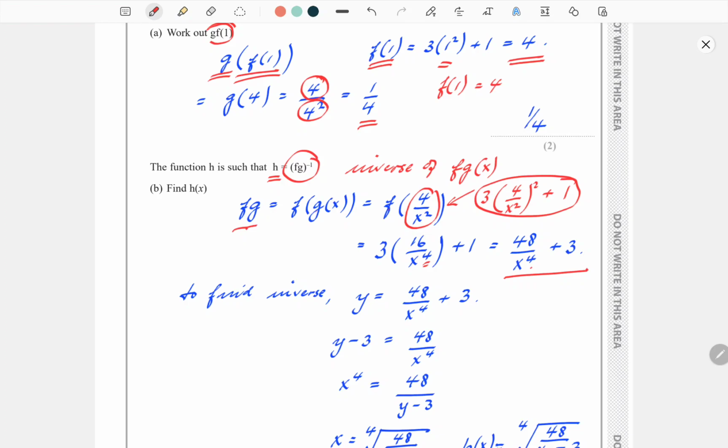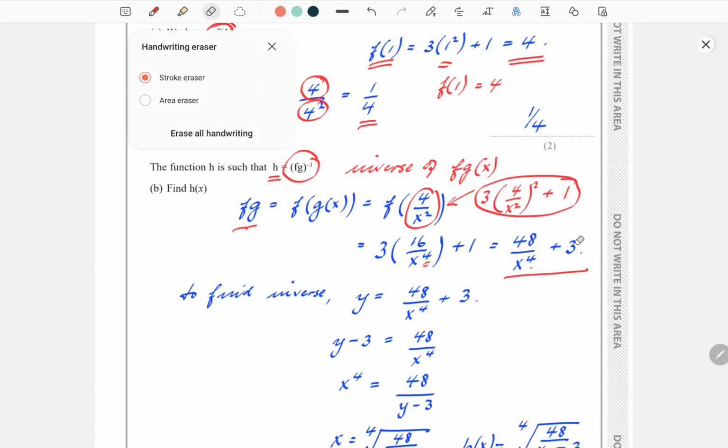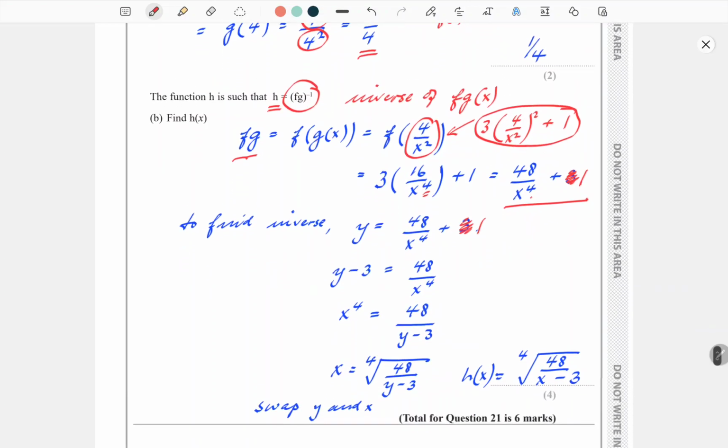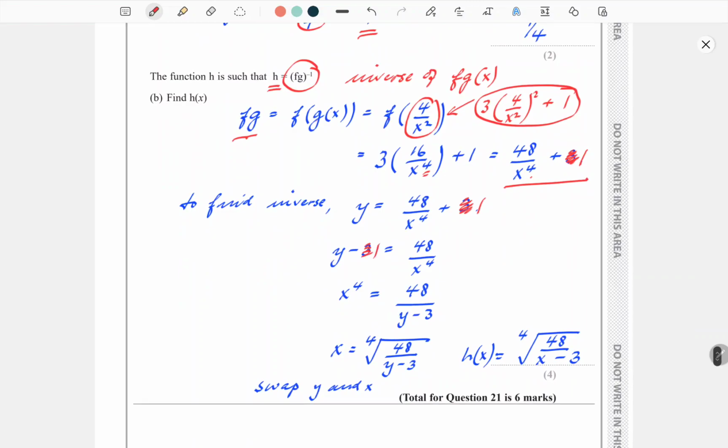Oops, hang on. I believe I've made a mistake there. Yes, I have. I need to redo that. Let's see. What have I done? Right. Let's try this. That should have remained as a 1. I'm sorry I didn't spot this earlier.